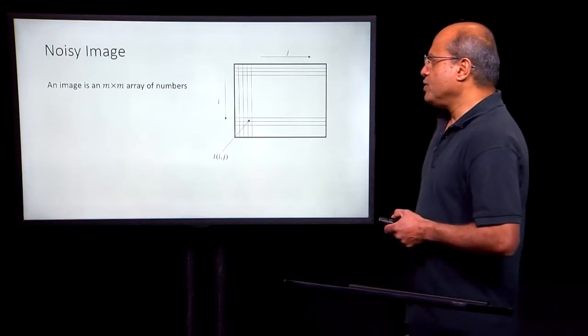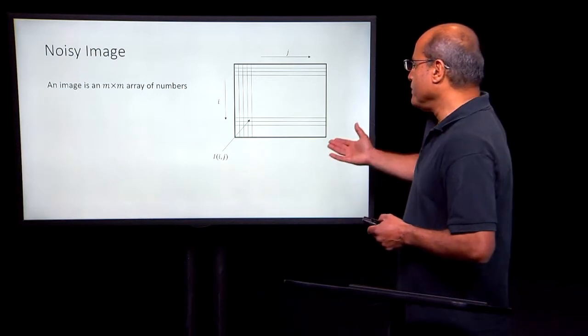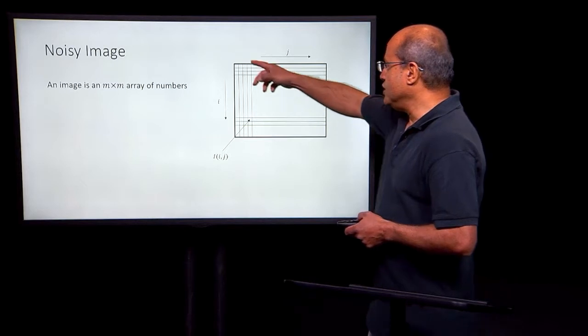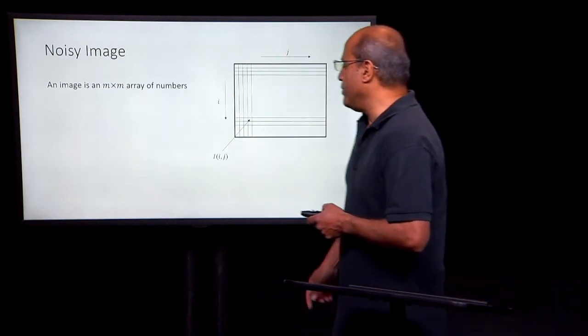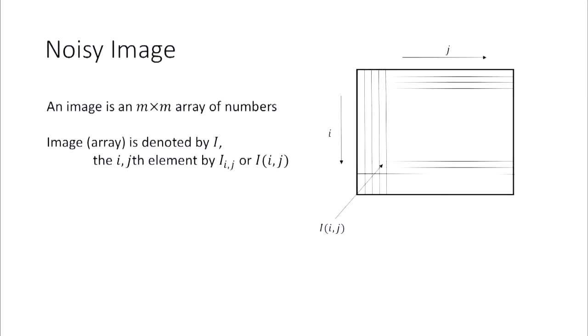All right, so what's a noisy image? Well, let's begin by just asking what's an image. As far as we are concerned, a digital image is just an array of numbers. In this case, it happens to be an m by m array of numbers. The entire array we're going to denote by I, so I is a single image, an entire array. The ijth element of that image is a single number.